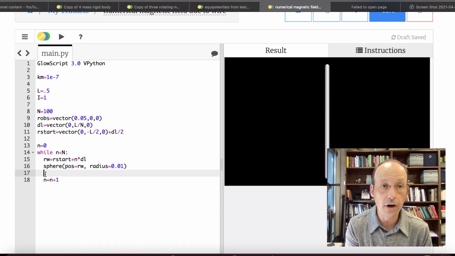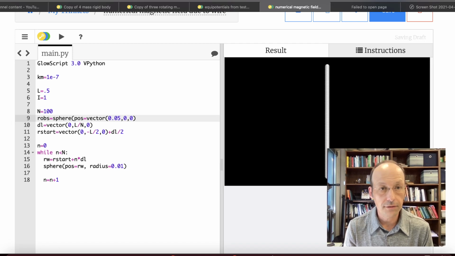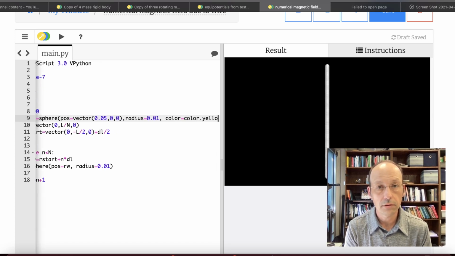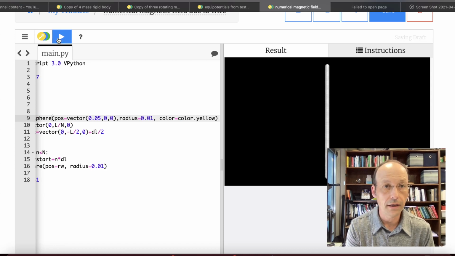It's going to be the vector from... Let's go ahead and put our observation as a sphere. POS equals vector. That's where that's at. The radius, let's put it as 0.021, and let's make it yellow. Color equals color.yellow, and let's run that.